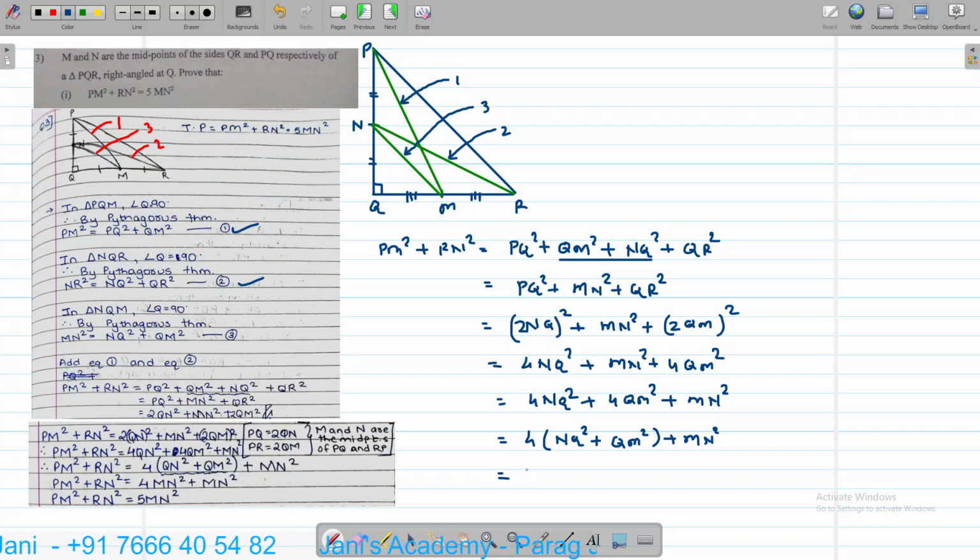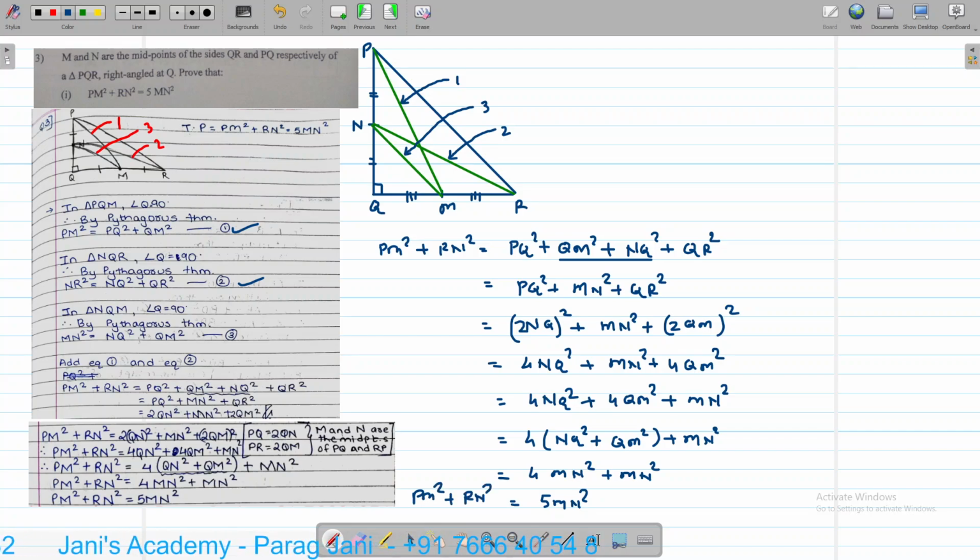Just write it down here. 4MN square plus MN square is equal to 5MN square, which is PM square plus RN square. So it has been proved, which is what you are looking for: PM square plus RN square is equal to 5MN square.